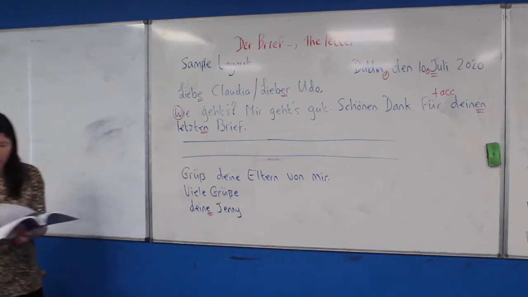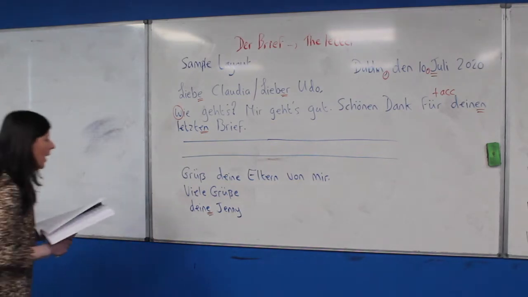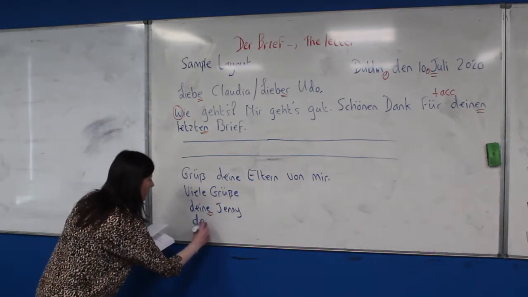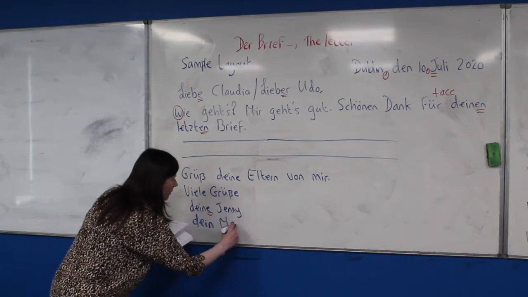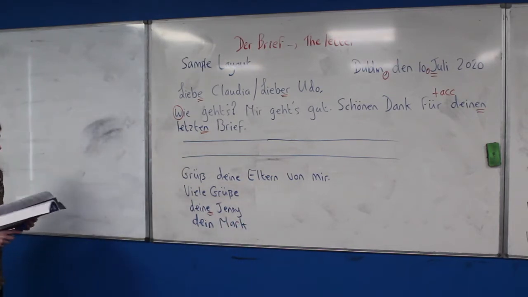If you're signing off as a boy, you leave out the E, and you sign off as dein. So dein Mark, for example. Okay? So that's just the body of it. They're just the bones of it rather, of your letter.